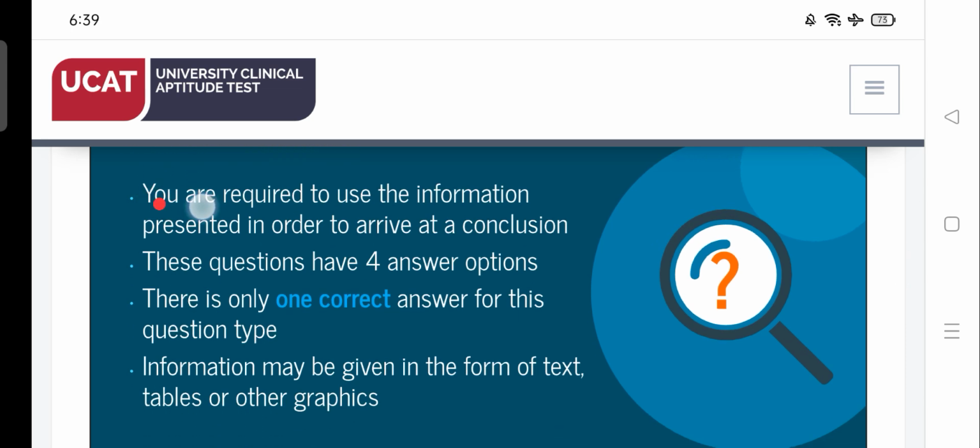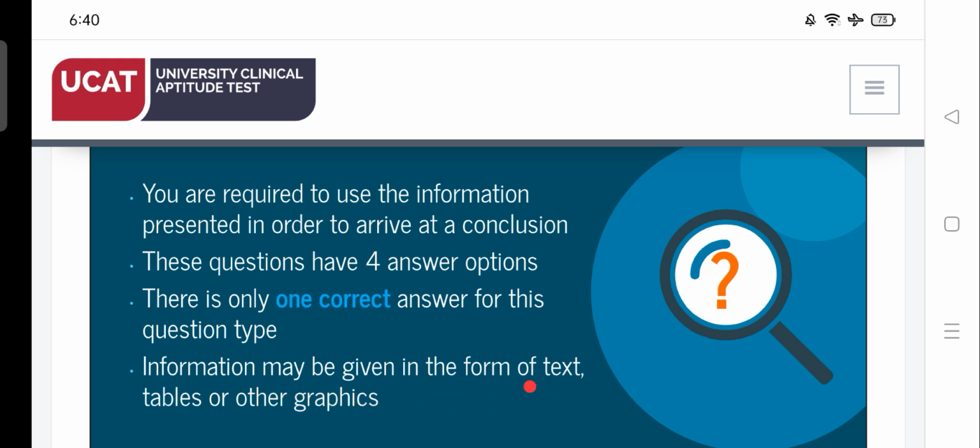You are required to use the information presented in order to arrive at a conclusion. These questions have 4 answer options. There is only one correct answer for this question type.